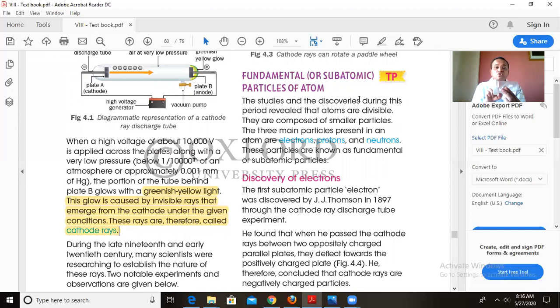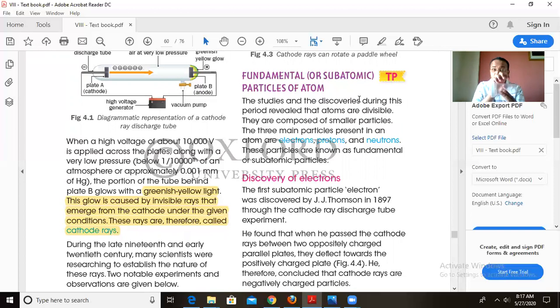This glow is caused by invisible rays. The rays were coming from here, but were they visible? No, they became visible behind the anode. So this greenish glow is caused by the invisible rays that emerge from the cathode under the given conditions. What were the conditions?